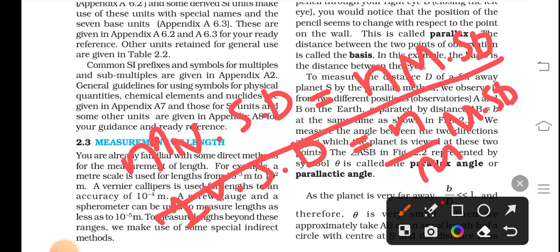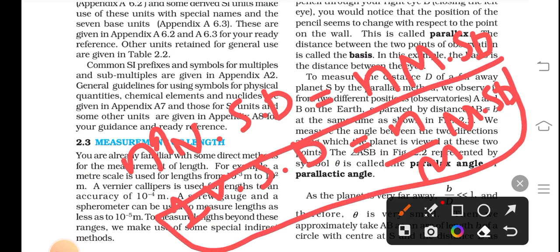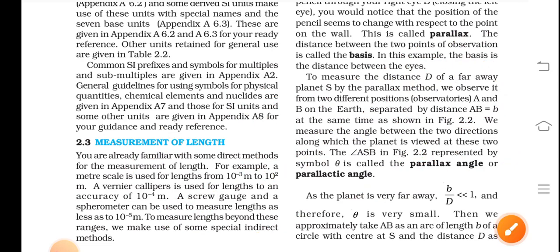This is also one more formula. One vernier scale division is equal to m by n times the main scale division. Okay, easy. I think you get my point. So this is another formula.